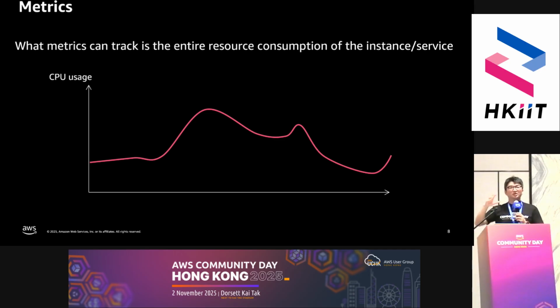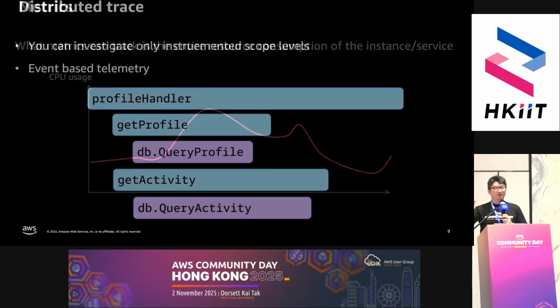So what you get is the entire consumption of the container, and it doesn't provide any information about which function in the application is consuming the memory or CPU. You can still understand whether the web server is consuming a lot of CPU or not, but you don't find out which function or which implementation is causing the problem, right? So this is what metrics does.